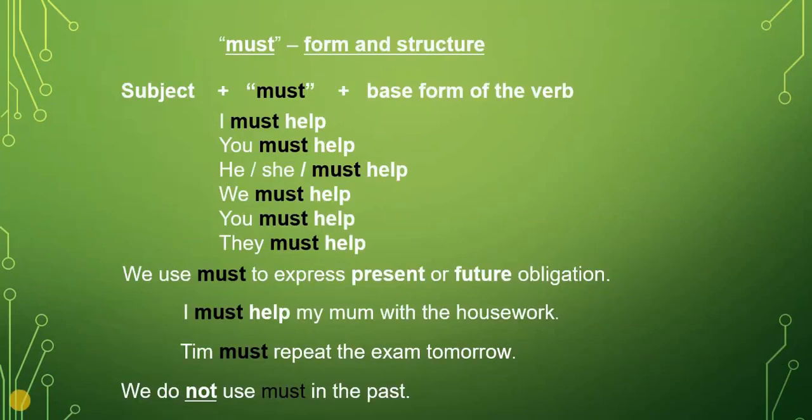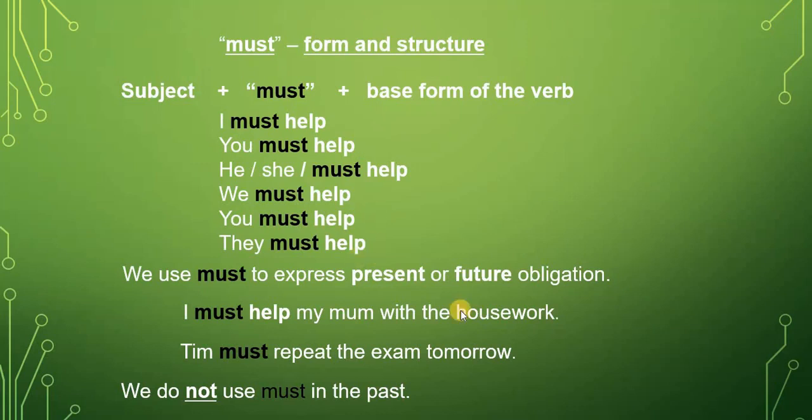Must, form, and structure. Let's look at the form and structure. Subject, followed by must, followed by the base form of the verb. And this is not an infinitive. As you see, we do not have the word to for this.